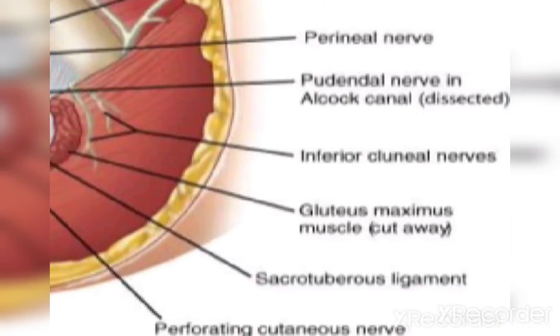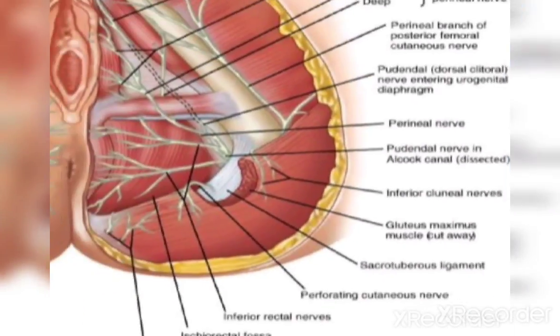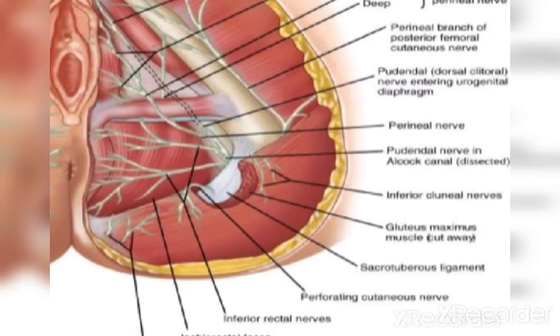See here, gluteus maximus muscles, inferior gluteal nerves, pudendal nerve in the Alcock canal, perineal nerve, you can see here. Then the pudendal or dorsal clitoral nerve entering the urogenital diaphragm.